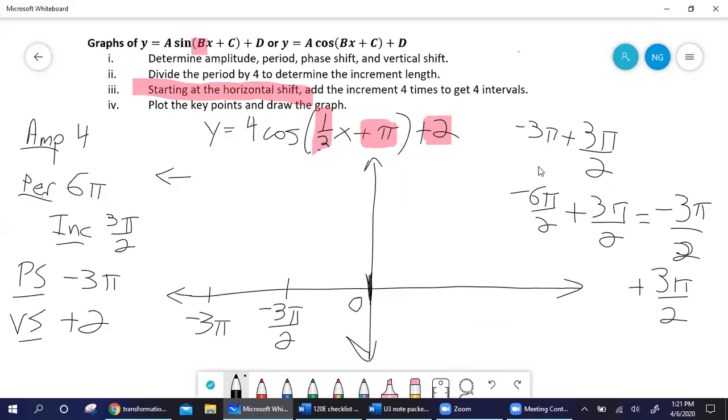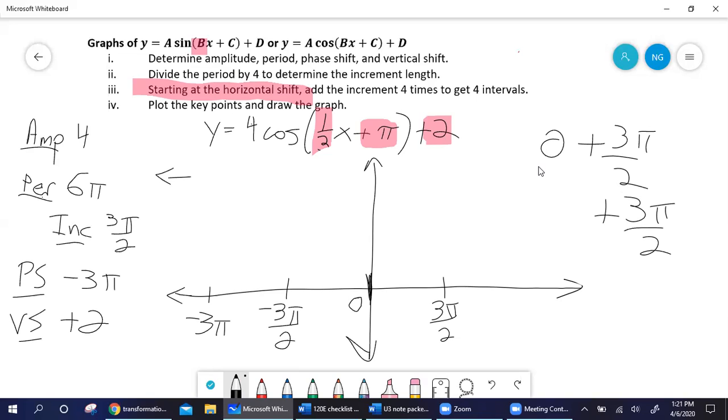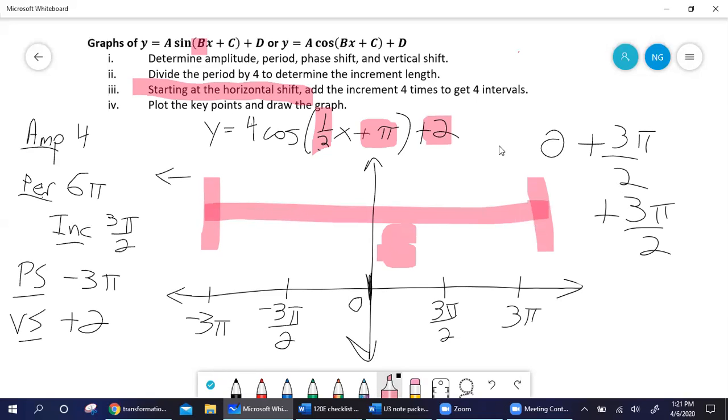If I take 0 and I add 3 pi over 2, that will give me my next increment, which is going to be positive 3 pi over 2. And then if I take 3 pi over 2 and add another 3 pi over 2, that will give me 6 pi over 2, which is 3 pi. So it looks kind of funky, but the distance from here to here is 6 pi.